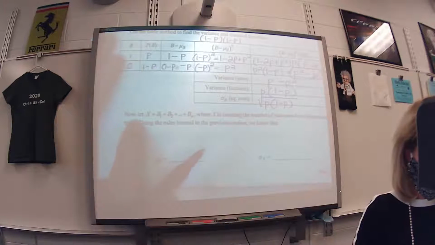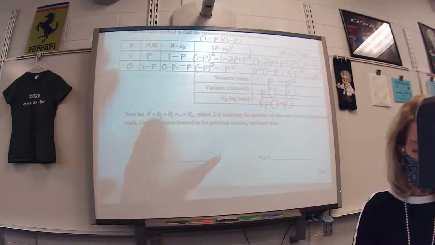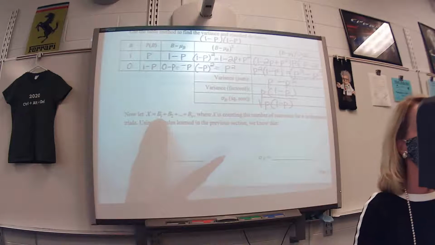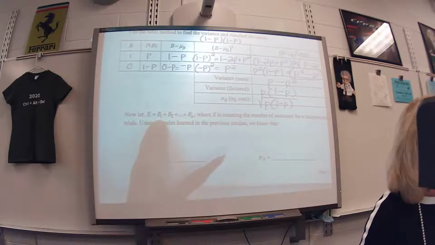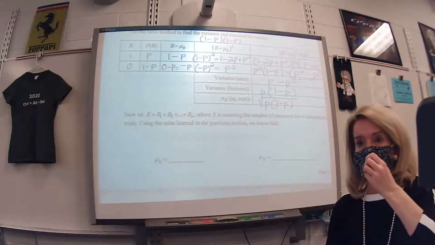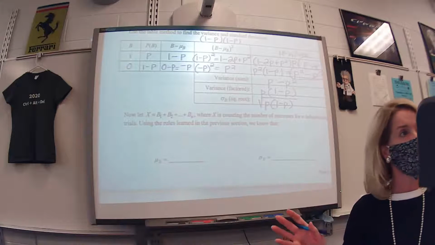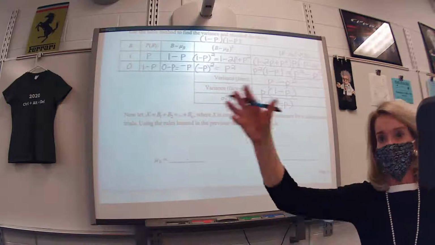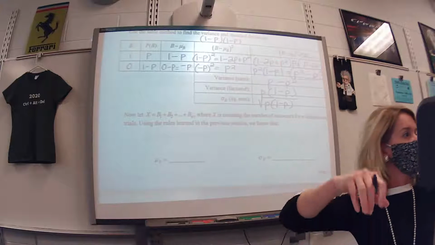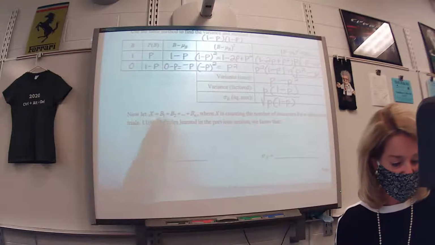So that's why I said here, now let x equal, suppose whatever b represented, it happened over and over again. Like the apples, if you watch my videos. The apples I think were the notes we did on Monday, where we were filling bags with apples. We just kept taking apple after apple after apple. So that's what's happening here.